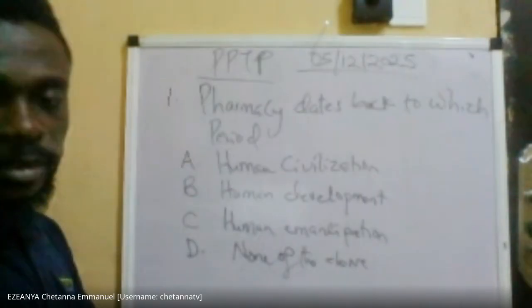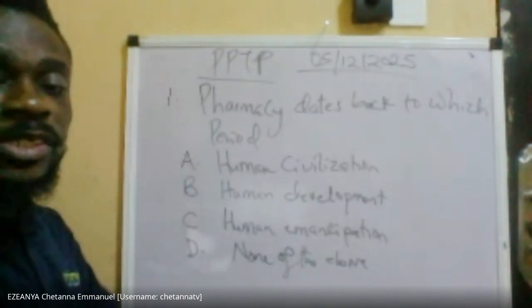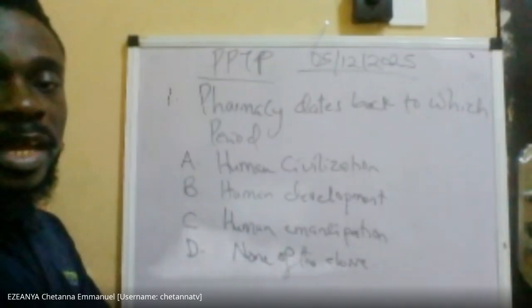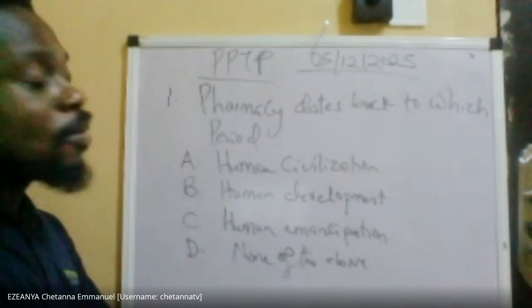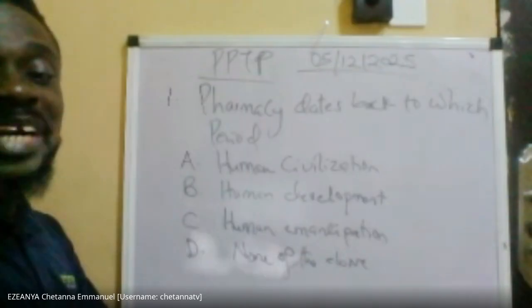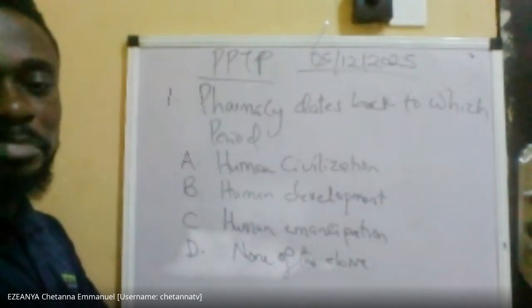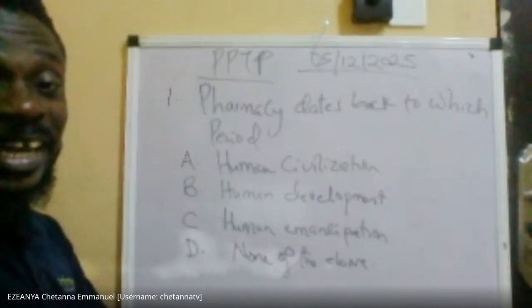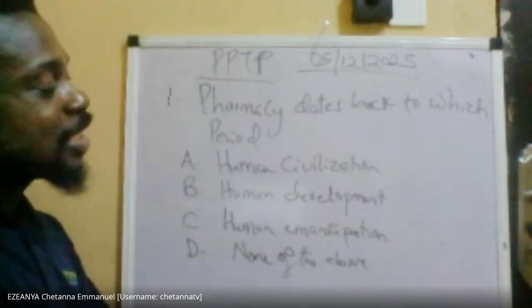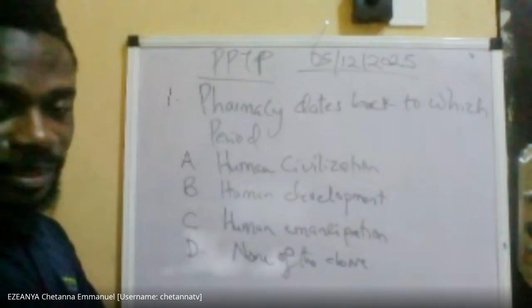Why? Because pharmacy as a profession was practiced in those days, was practiced using natural materials like plants, minerals, even animals for healing. So these things have been there way back.